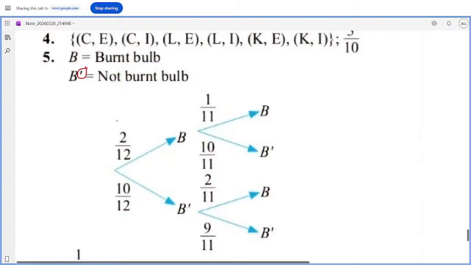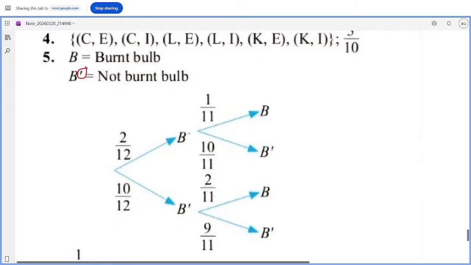Yes, outside of set, or you can also say the complement. Complement of the set means the opposite of it. Opposite of burnt bulb is not burnt bulb. So that's why we use B prime. If you guys want to label NB, also can, no problem. Not burnt, can also. No need to use B prime also. But over here they use B prime.